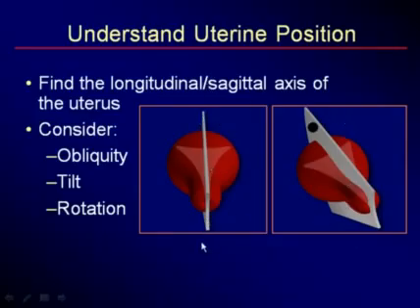This is the standard sagittal scan through the uterus. Now, if we have a tilting to one side or the other, we keep our beam in a longitudinal plane down the middle.